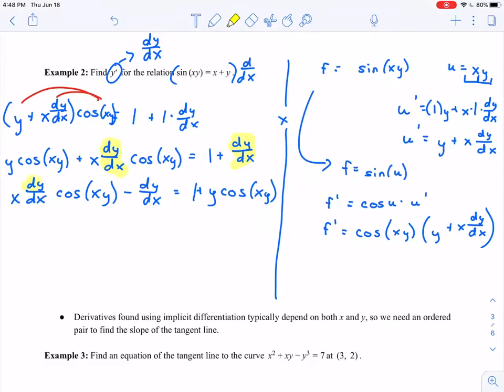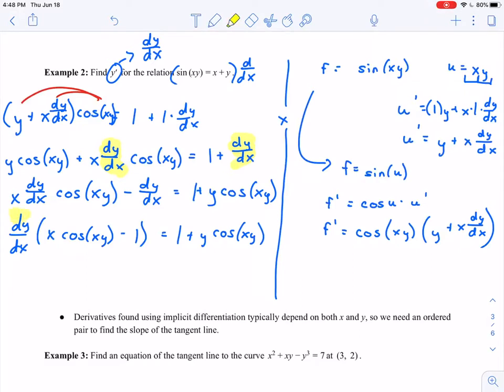At this point, here's my dy over dx, here's my dy over dx, and really what I've got is two terms. So I can factor out that dy over dx. So dy over dx times the quantity x cosine of xy minus 1 is equal to 1 plus y cosine of xy.